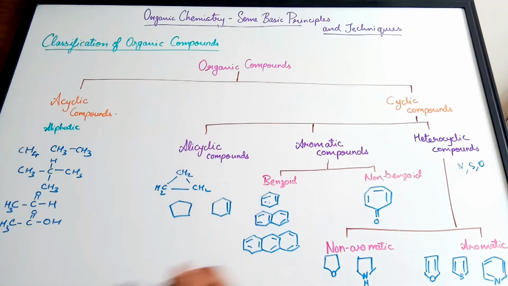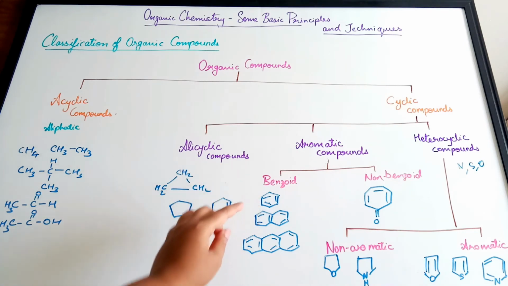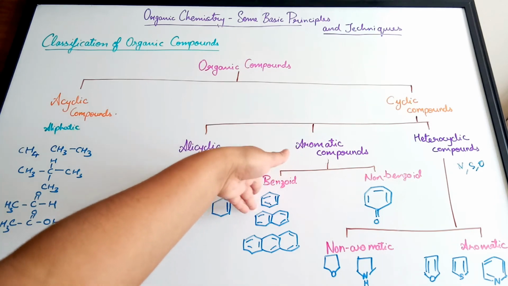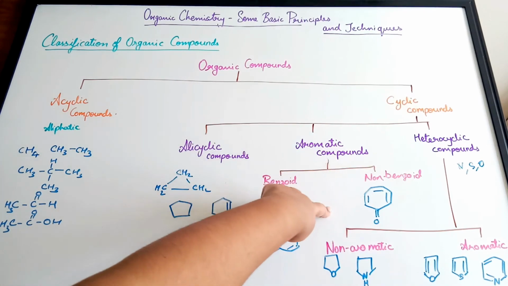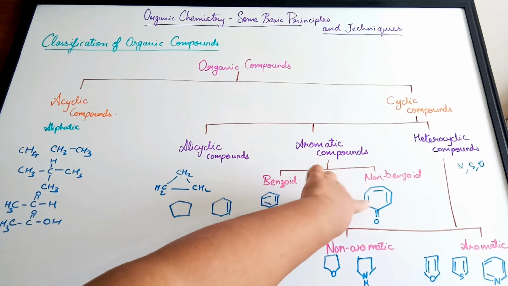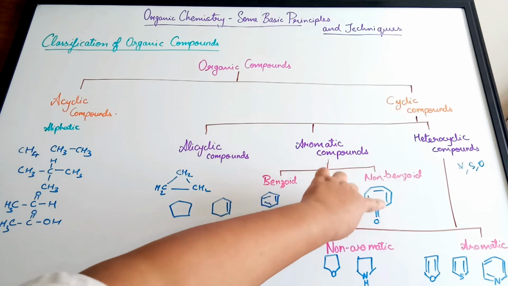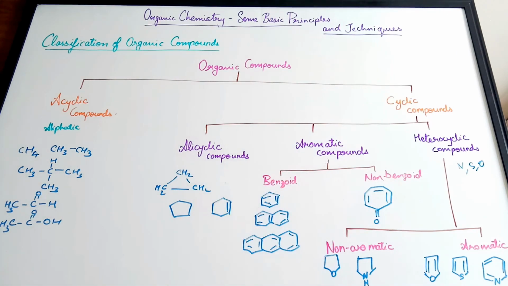Benzene is a cyclic compound with six carbon atoms, and they have three double bonds which are alternate to each other. Benzoid compounds will have a benzene ring, whereas non-benzoid compounds will not. This is actually a seven-membered ring: 1, 2, 3, 4, 5, 6 and 7. So this is a seven-membered ring but does not have a benzene ring.